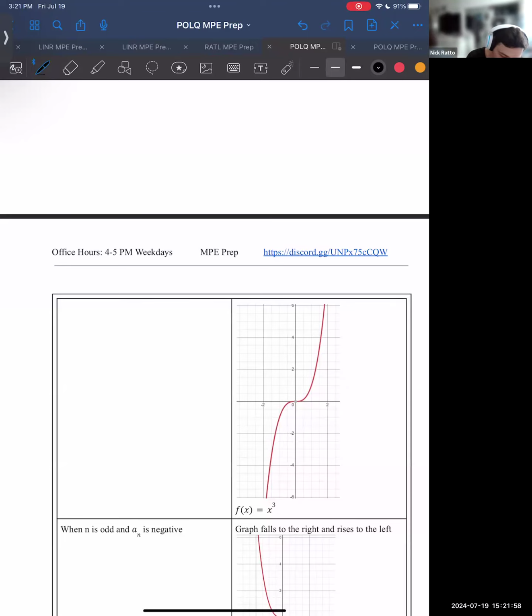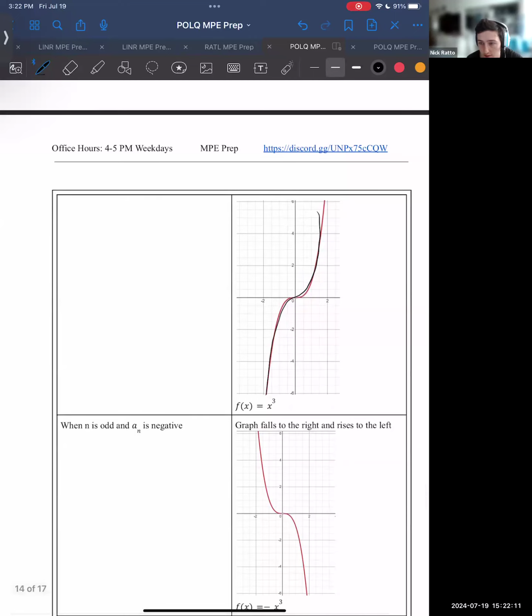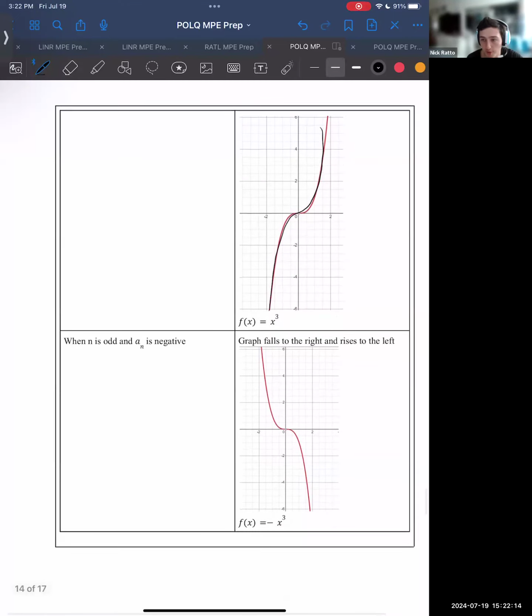So here we go from negative infinity, do a little S shape around 0, and then go off towards positive infinity. Having a negative sign in front of it is just going to flip it, just like we saw before.